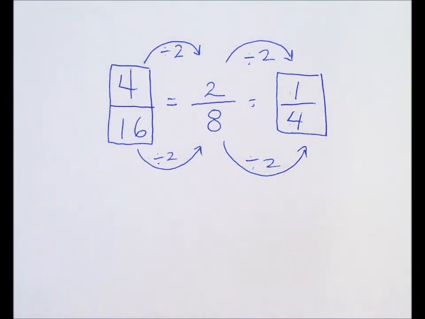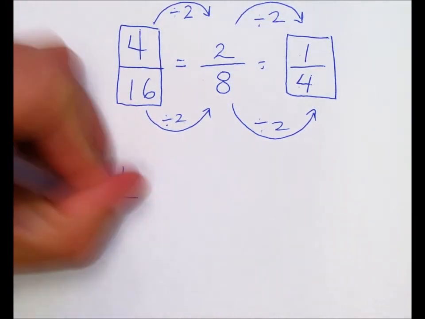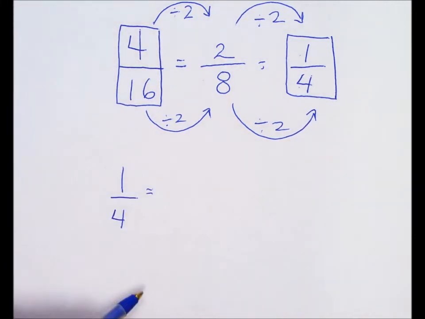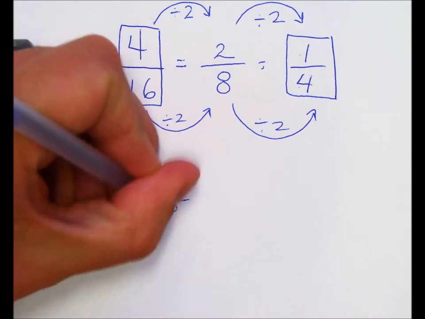Okay? It's really useful to go into lowest terms because once you go into lowest terms, you can just start listing off all the different equivalent fractions. So if you multiply 1 over 4 by 2 over 2, you get 2 over 8.